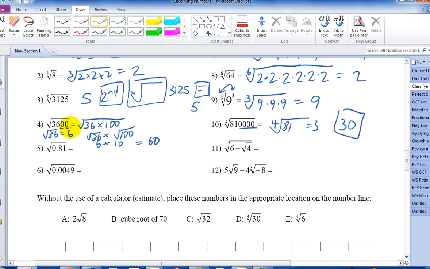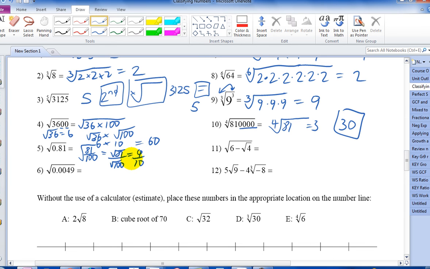Okay, what about this one? The square root of 0.81. We looked at this one last year. So what's 0.81 as a fraction? 81 hundredths is 81 over 100. So that equals the square root of 81 over the square root of 100, 9 over 10.